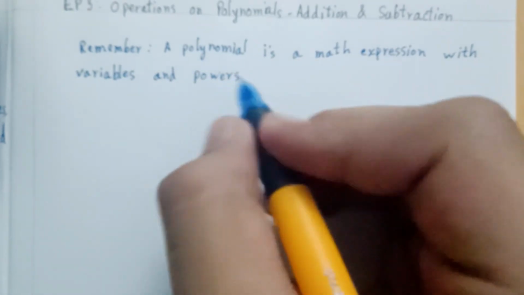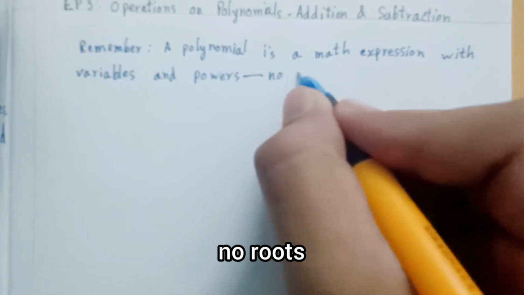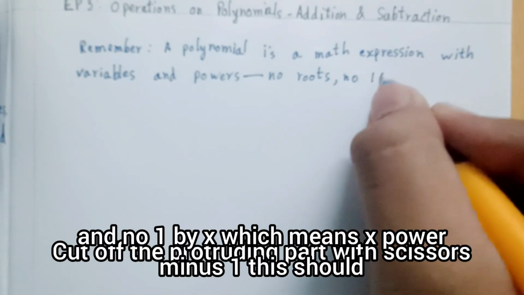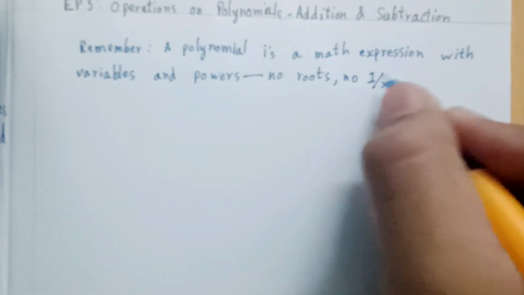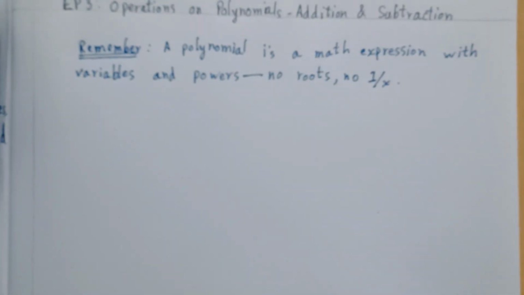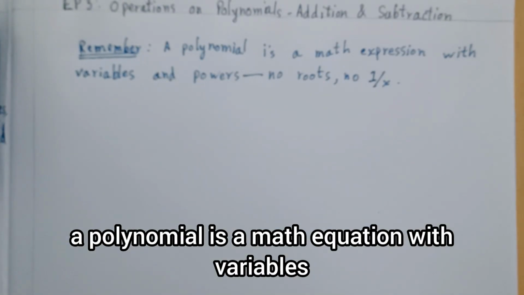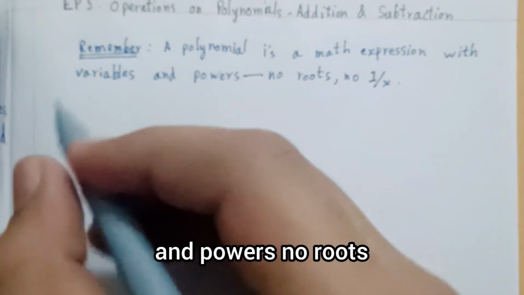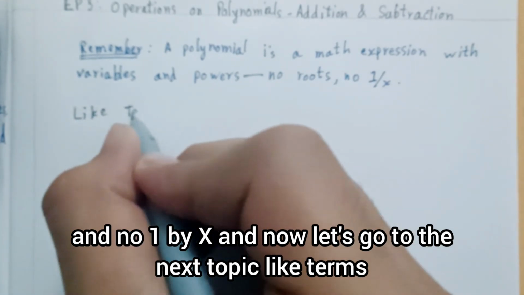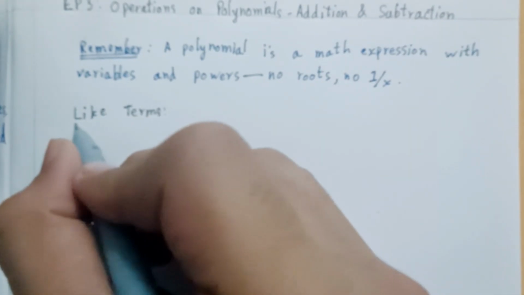That includes no roots and no 1 by x, which means x power minus 1. This point should be remembered. A polynomial is a math equation with variables and powers, no roots and no 1 by x. And now let's go to the next topic, like terms.